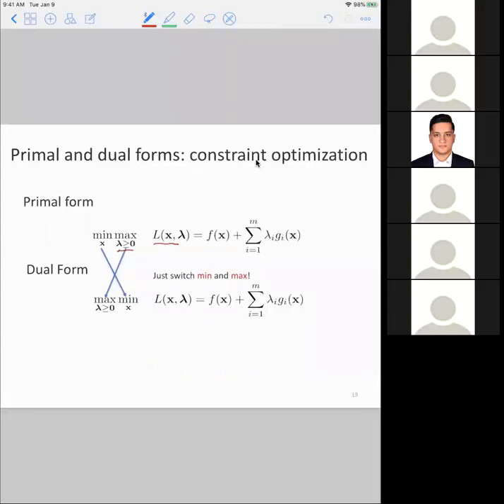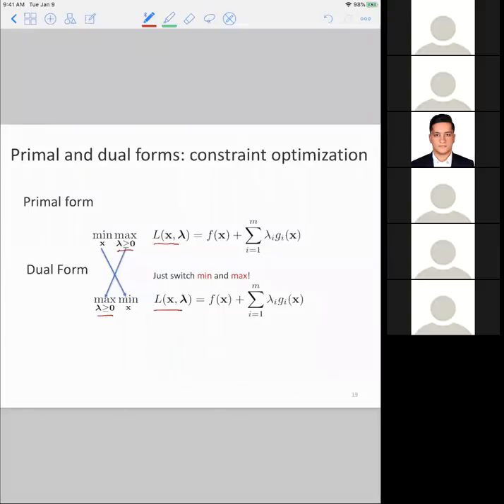In the outer level, we minimize over x. We first do maximization, then minimization. But in the dual form, we first do the minimization over the Lagrange function, and in the outer level, we maximize the Lagrange function with non-negative multipliers. That's it. The dual form is simply to switch the order of min and max. This is called the dual form.